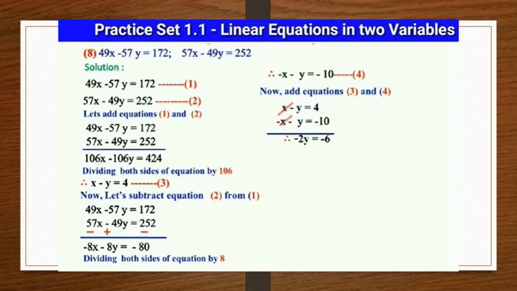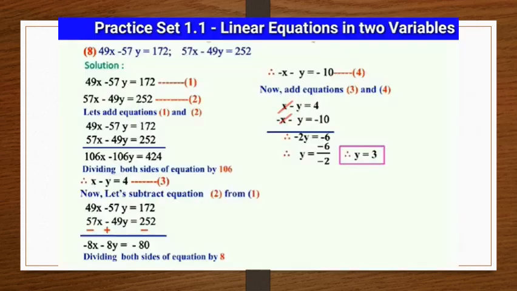So after subtraction we get 6, and greater number sign here is of 10, which is minus. So we get it as minus 2y is equal to minus 6. So therefore y will be equivalent to minus 6 divided by minus 2.